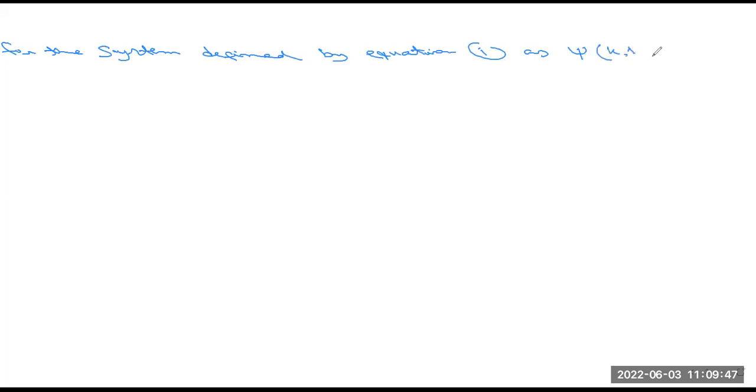For the system defined by equation number 1, we express this equation with psi of k comma h.